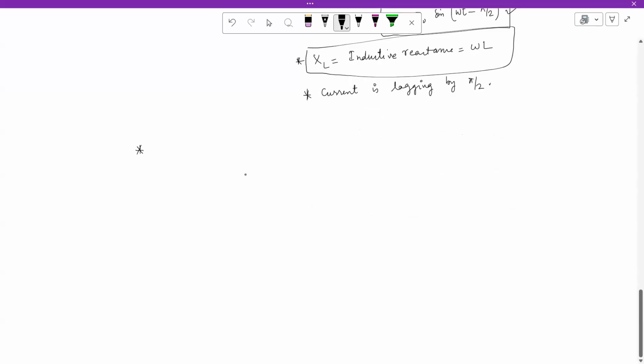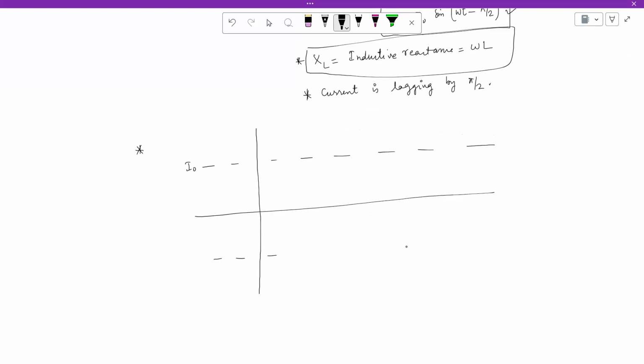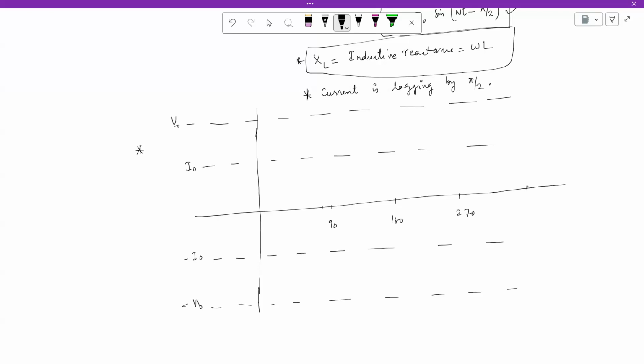And if we draw the graphs, this is I naught, minus I naught, minus V naught and V. So we know the graph: this is 90, this is 270 and 360.